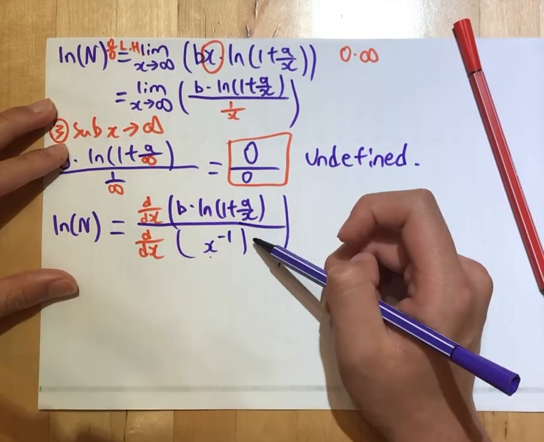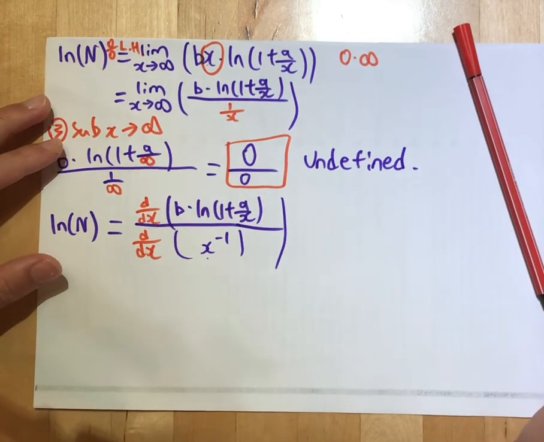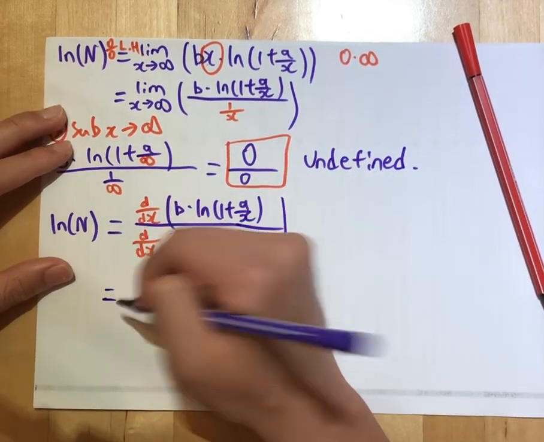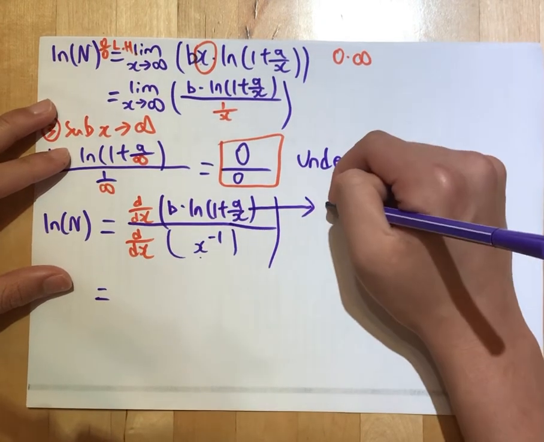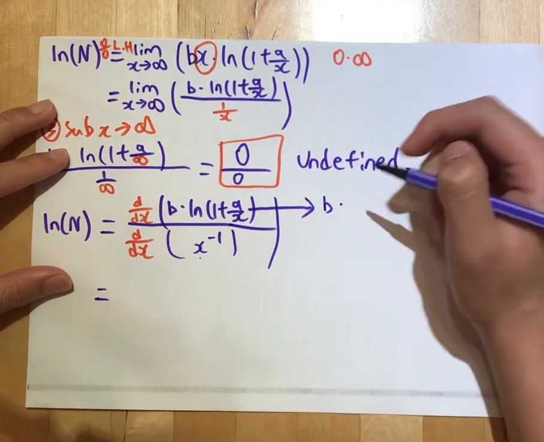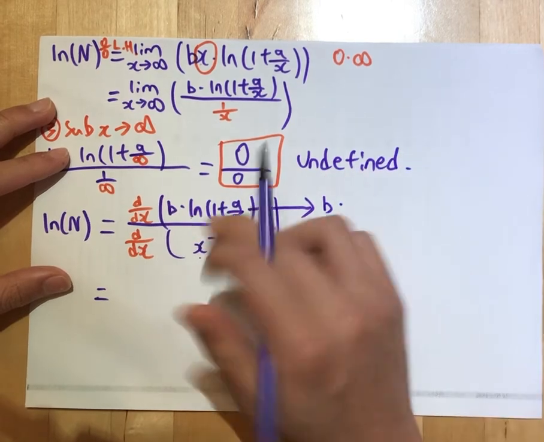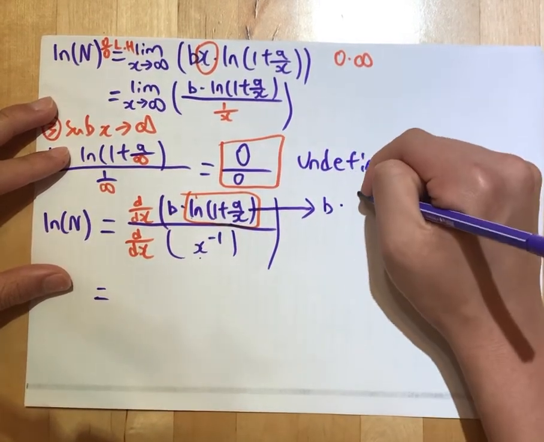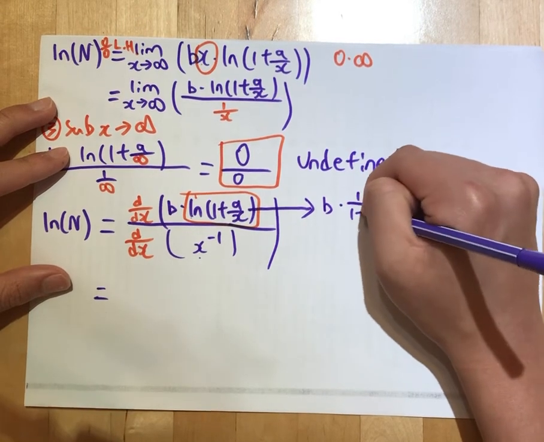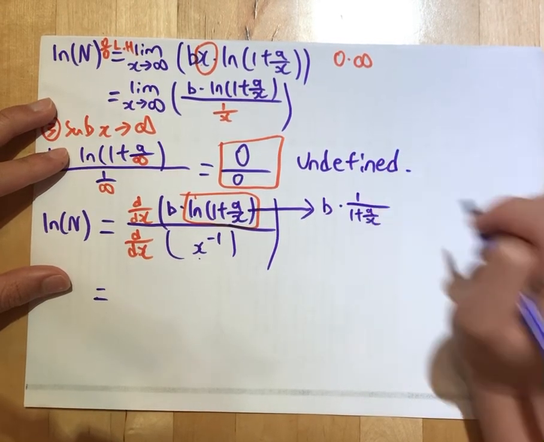We want to work out the derivative of them first. The derivative of the upper one will be b staying the same, and then we differentiate the right hand side, which is 1 over 1 plus a over x.